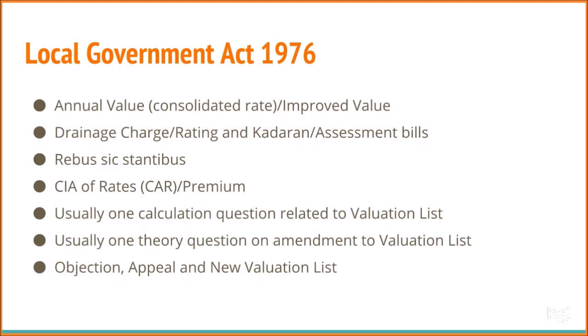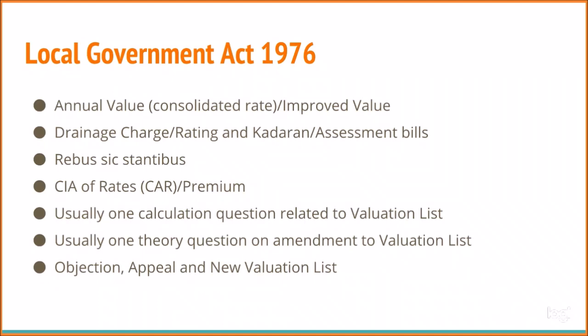So next we move on to the Local Government Act. The Local Government Act is mainly for the part that requires an assessment bill. So those are properties which have assessment bills to pay. What are the methods of calculation, and the issues on whether the law provides for a valuation list.